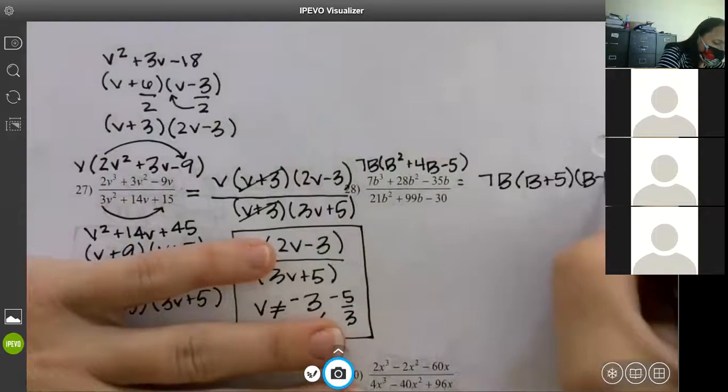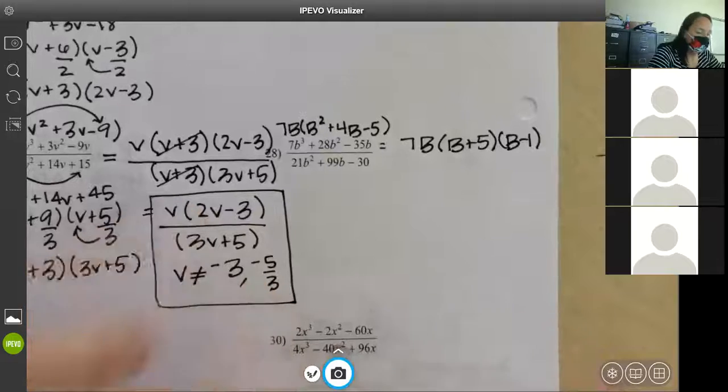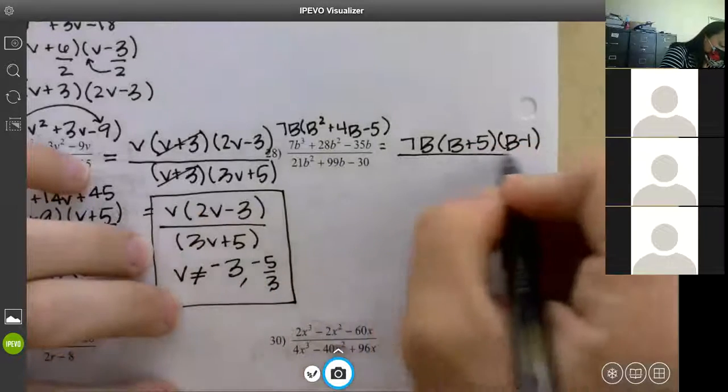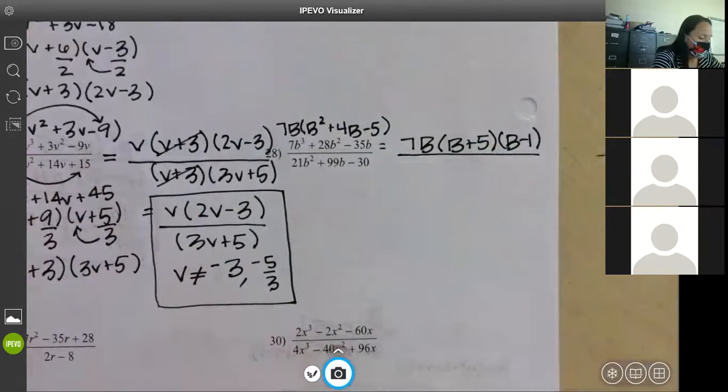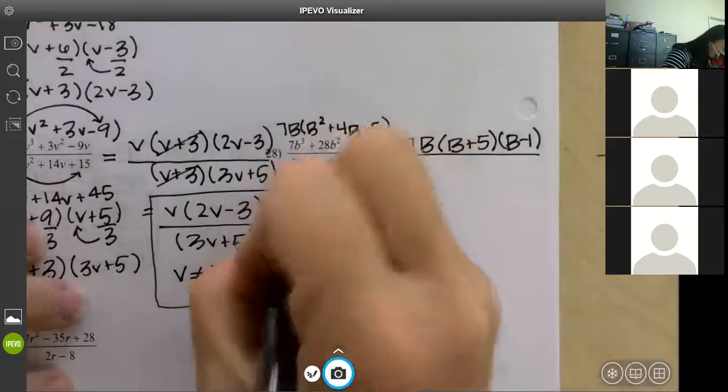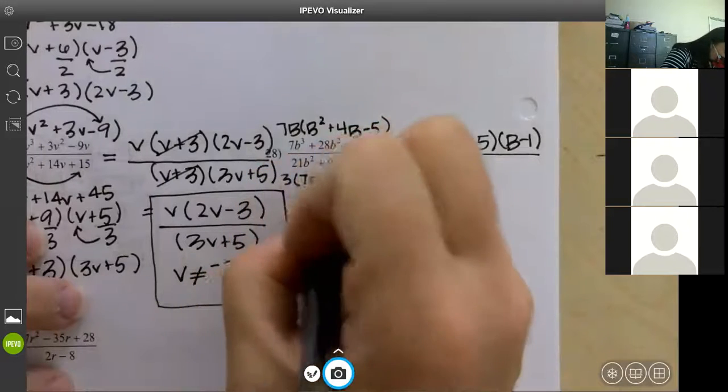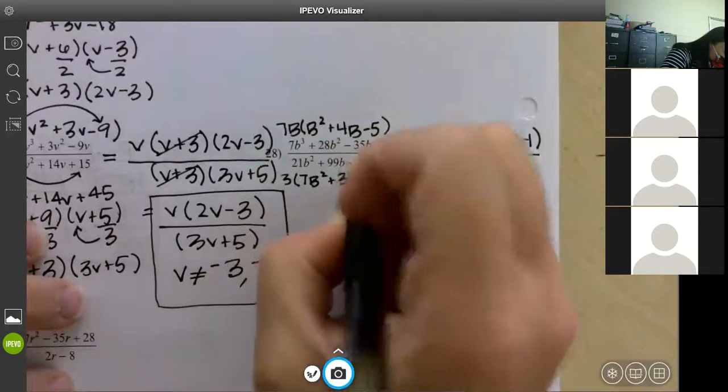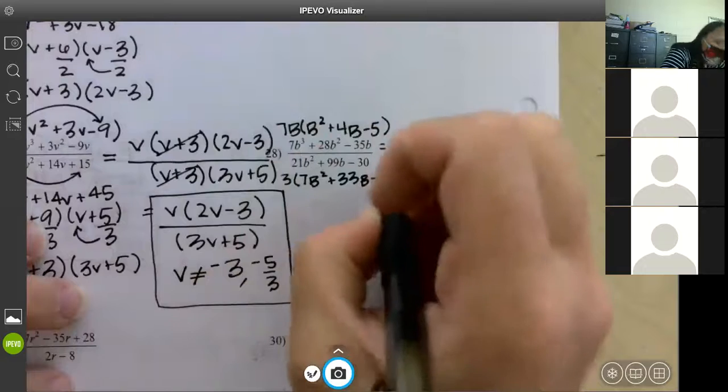And if y'all can't see it, I'll move it over in just a second. Sorry. All right, so then on the bottom, you still need to see if you have a GCF. Do I have a GCF here? 3. Leaves me with 7b squared plus 33b minus 10.